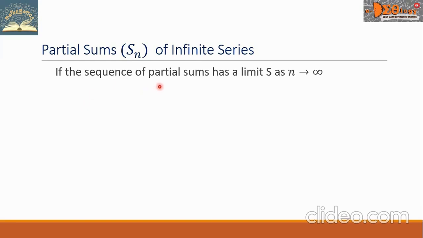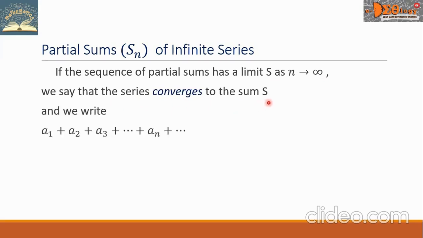If the sequence of partial sums has a limit s as n approaches infinity, we say that the series converges to the sum s, and we write a sub 1 plus a sub 2 plus a sub 3 plus and so on plus a sub n plus and so on.